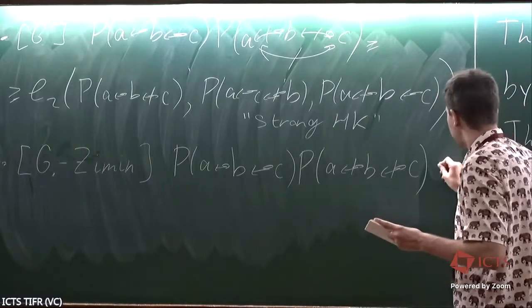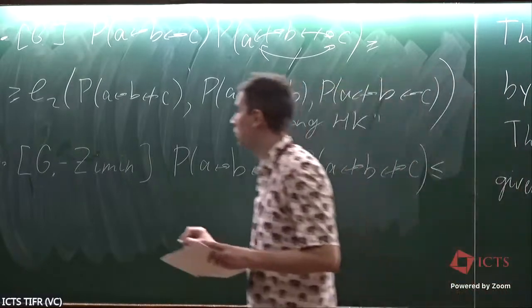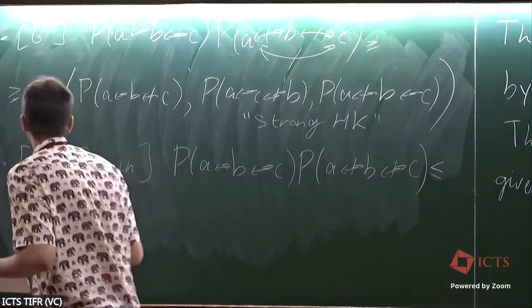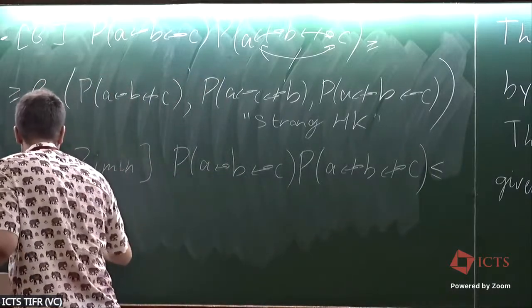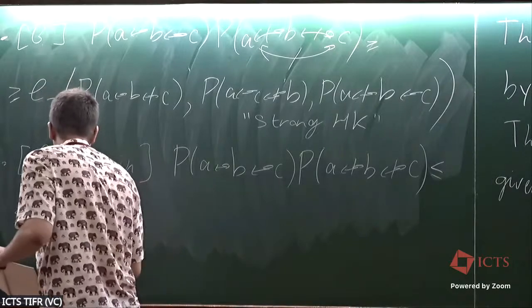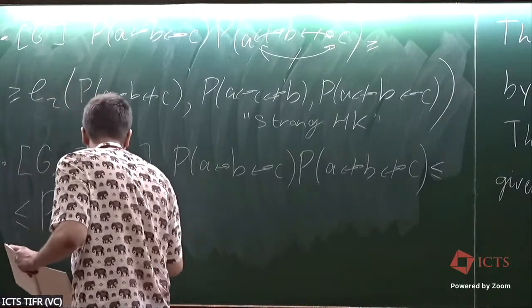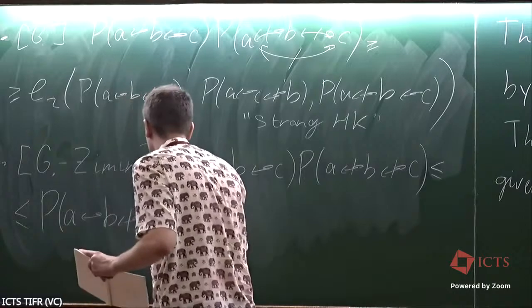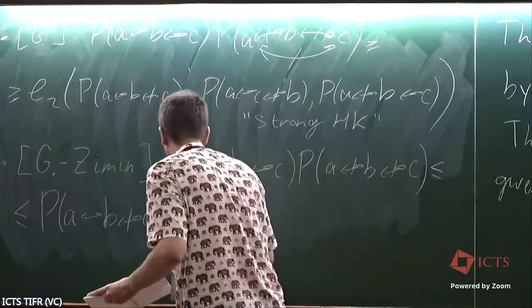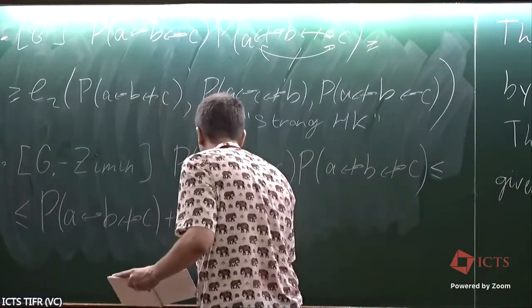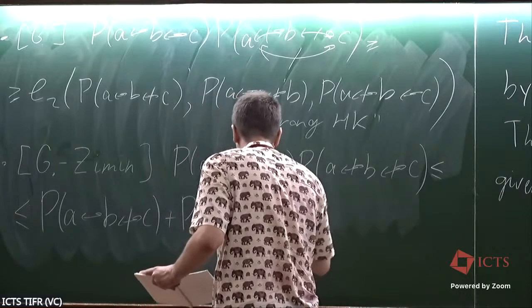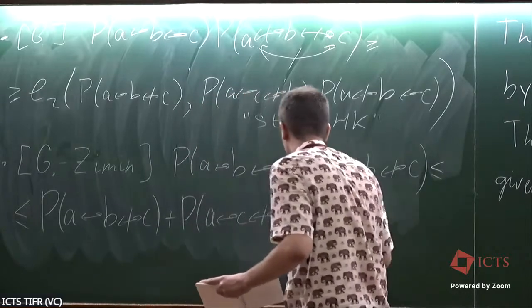And we can estimate it from below. We say that this product is actually less than the sum of 3 probabilities, less than the probability that 2 vertices are in the same cluster and the 3rd vertex is not in the same cluster.